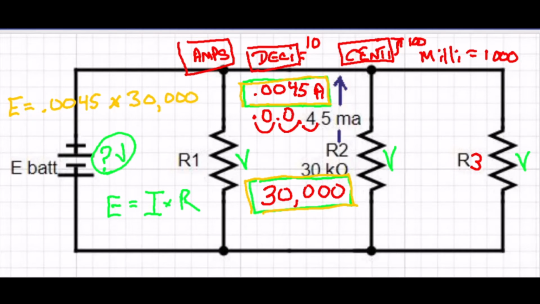Okay, what happens when we multiply 0.0045 times 30,000? Well, I would get out your calculator to do this. I certainly cannot do it in my head. And it's going to be E equals 135 volts.